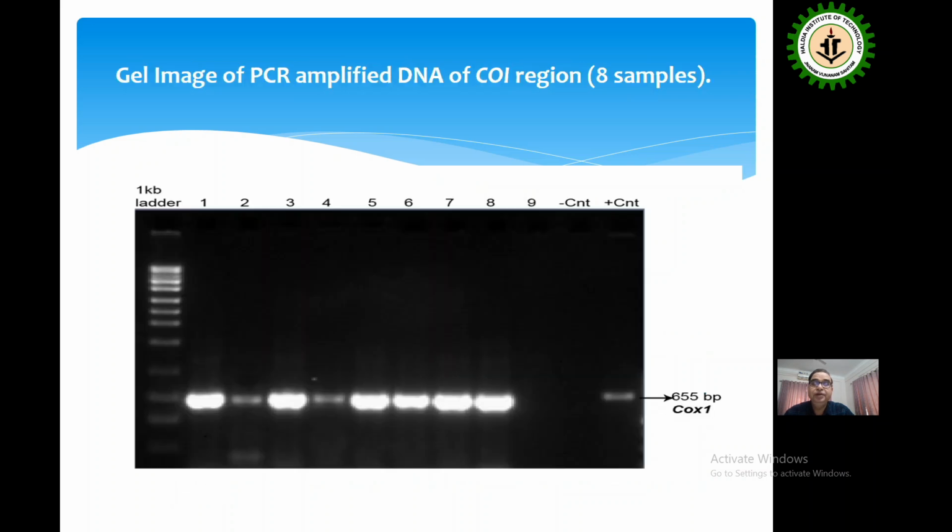Annealing temperature is very important because if it is not right, the PCR will not give the desired result. You can see that we got PCR amplified fragments of about 655 base pair. Fragments less than 500 base pair are not accepted by the board, so it should be at least 500 base pair.